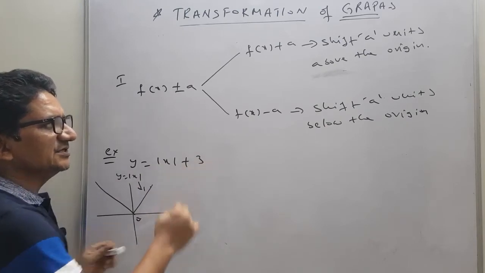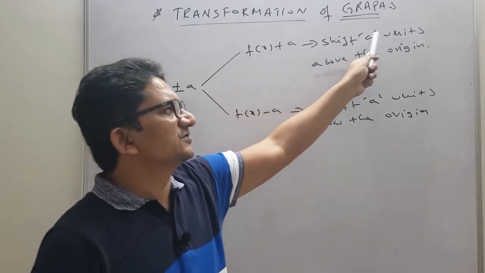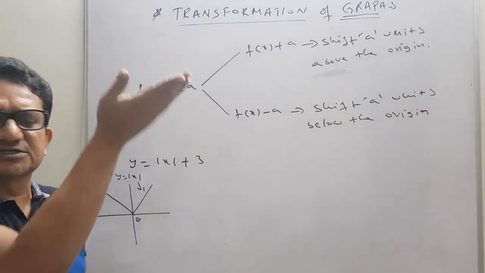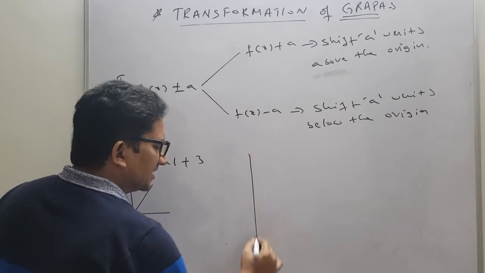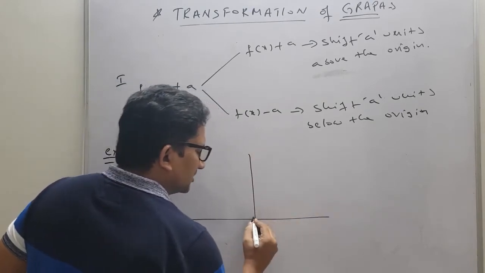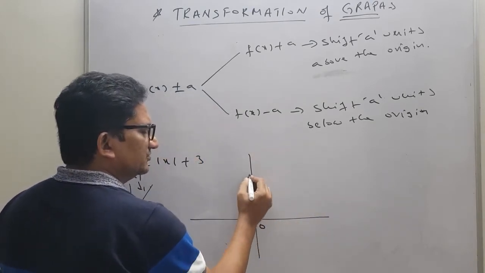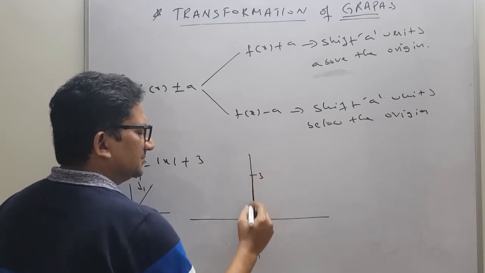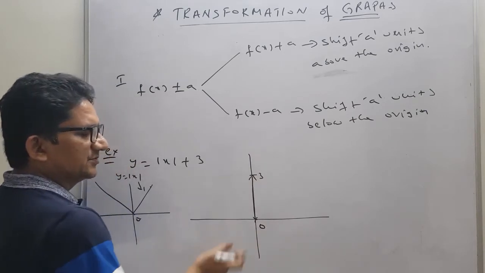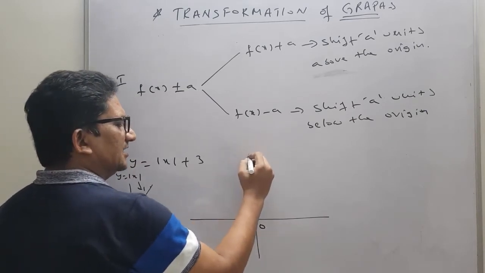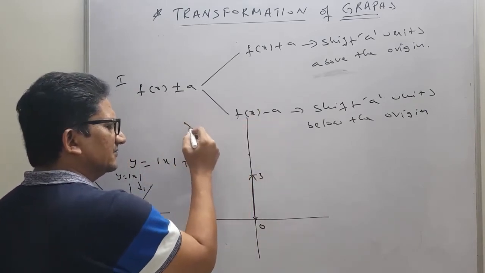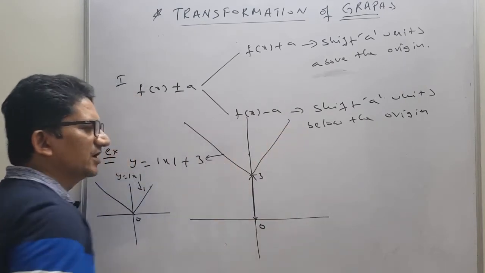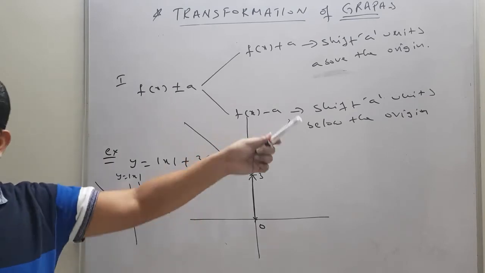So plus 3 means, according to the form, shift the graph 3 units above the origin. That means we will get like this type. So here the origin first shifts 3 units, so I will write an arrow mark. That means we are shifting 3 units, and then draw the same modulus graph over here. So this is your y equals modulus of x plus 3.